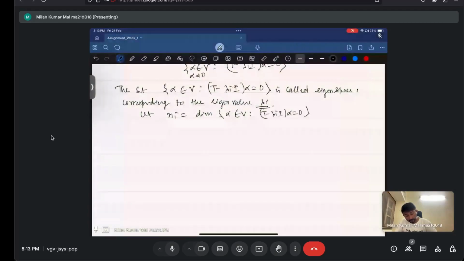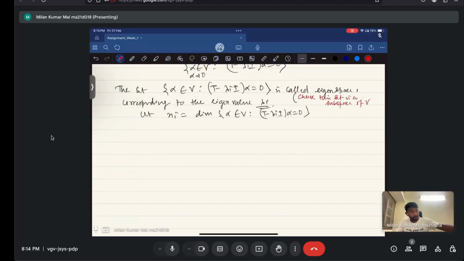This will form a vector space; check that this is a subspace of V.